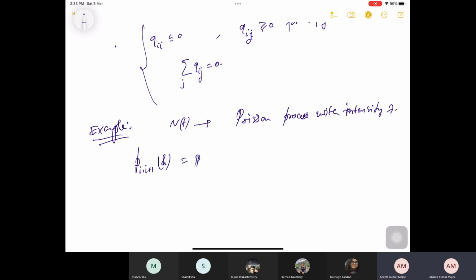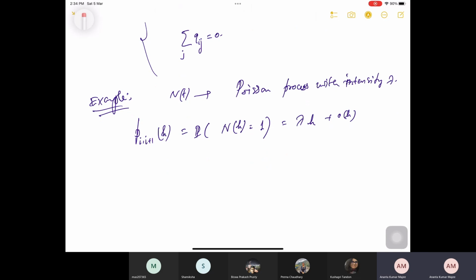This is nothing but the probability of N(h) equal to 1, if h is very small. I have already defined that this is lambda times h plus small o of h. This is i to i plus 1, so the jump size is of length 1, that is N(h) equal to 1. The probability is lambda h plus small o of h. This lambda I have from here.